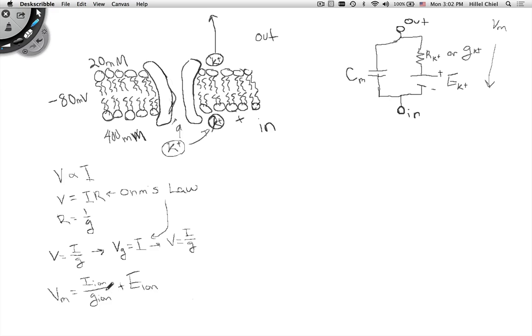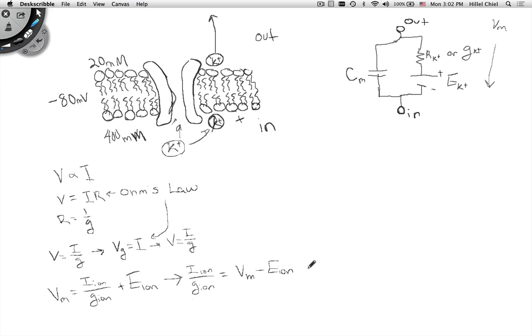That's because later in this course we'll be injecting current into cells. We might want to see how the current is affected by the voltage across the membrane and its conductance. So let's solve for the current. So this means that I ion over G ion would equal Vm minus E ion.